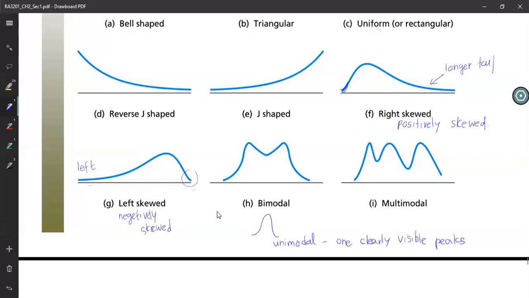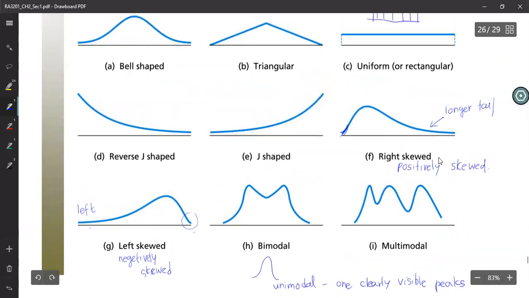Bimodal, that means most frequently occurring values, we have two of them. Here, this is multimodal. Many peaks are there, three or more, right? Multimodal. So either you'll end up with unimodal, bimodal, multimodal. They can be symmetric or they can be skewed. If it is skewed, it can be right skewed or left skewed.